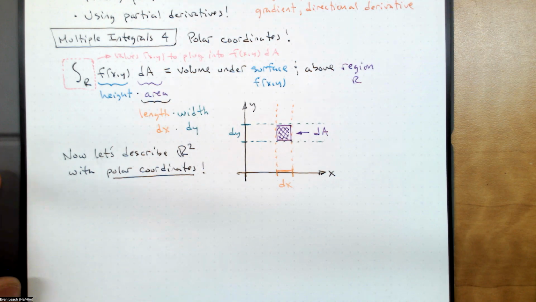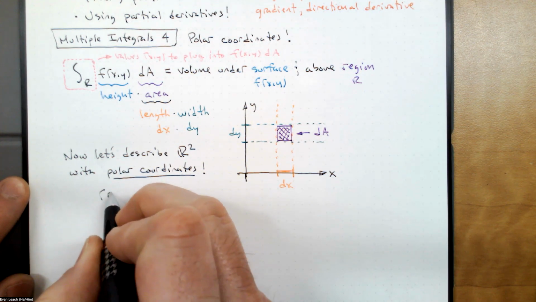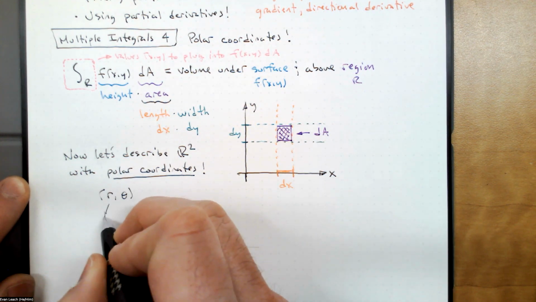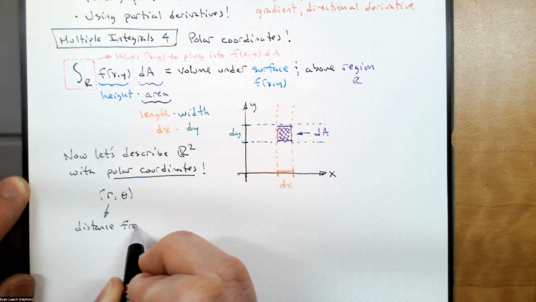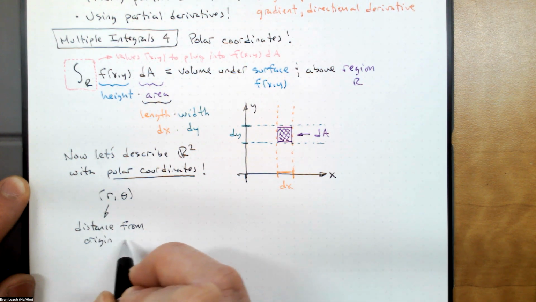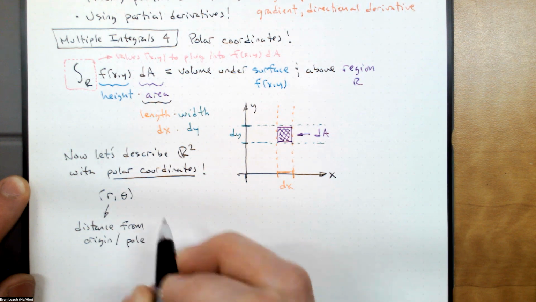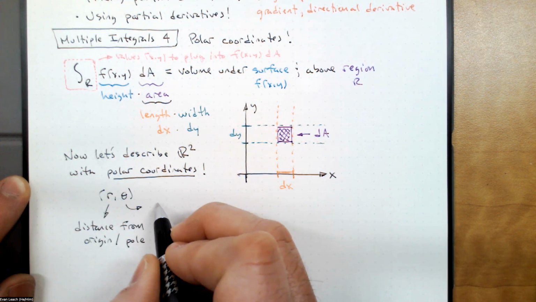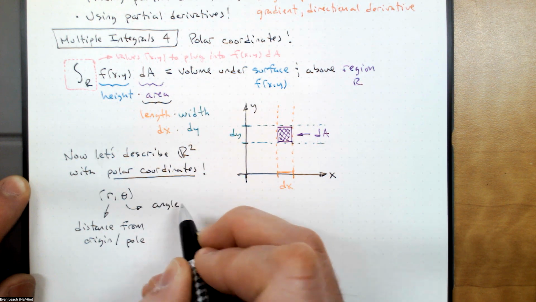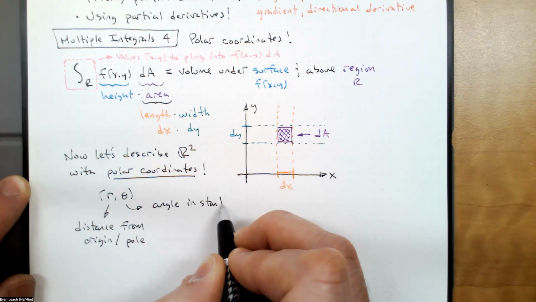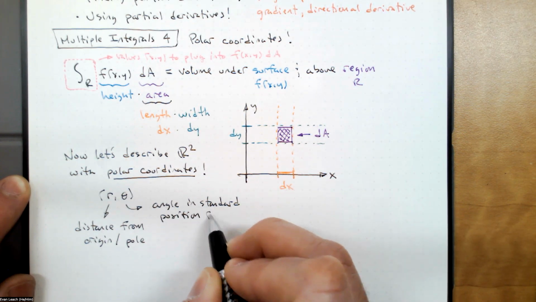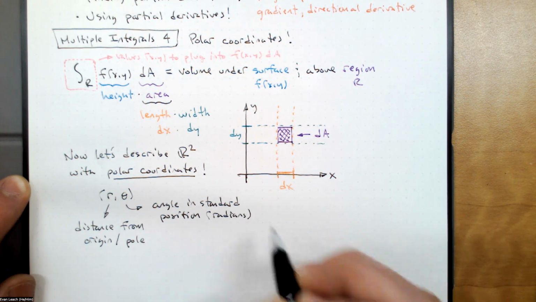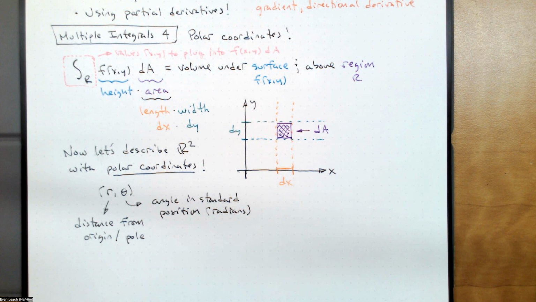So polar coordinates look like r and theta, where r is the distance from the origin, or the pole, and theta is an angle in standard position. Specifically an angle in standard position and measured in radians.